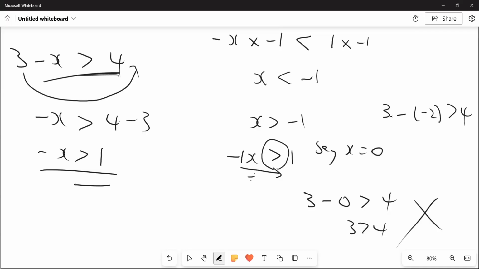Of course, because this will be 3 plus 2 is greater than 4. 5 is greater than 4, which is correct. You see? So it makes sense, that rule about reversing the inequality sign when you divide throughout or multiply throughout by a negative number.